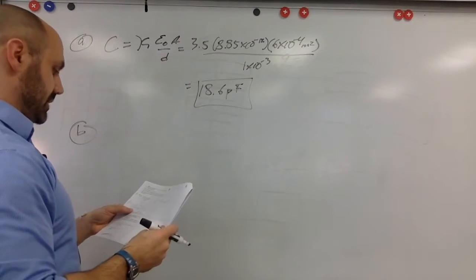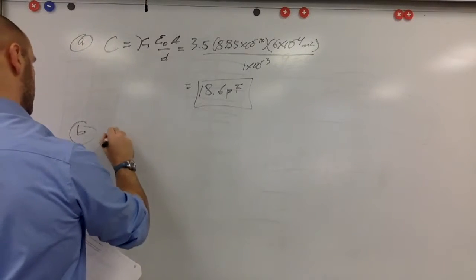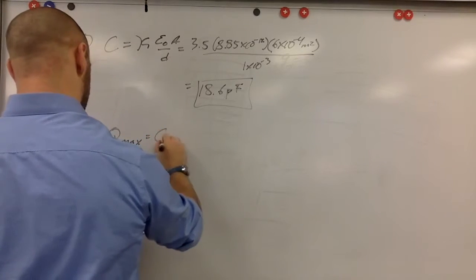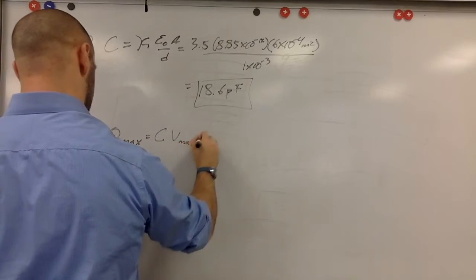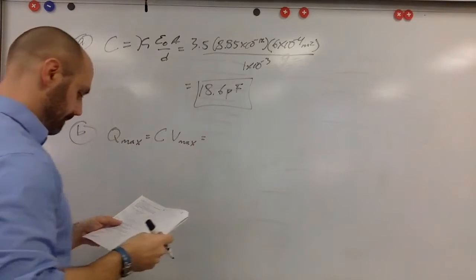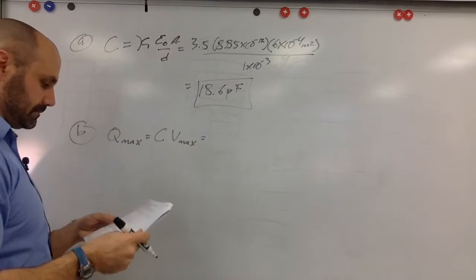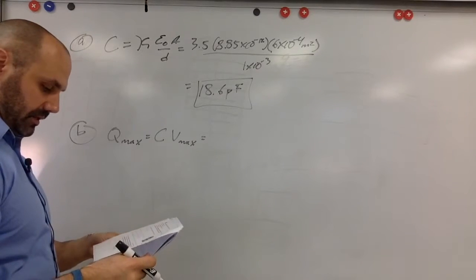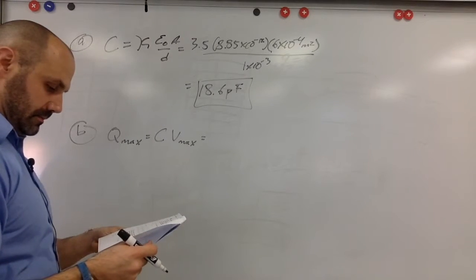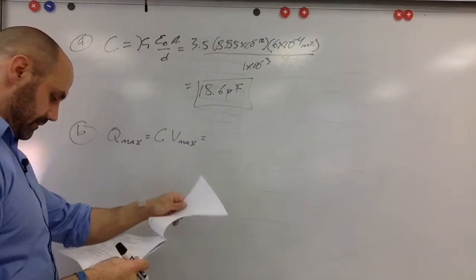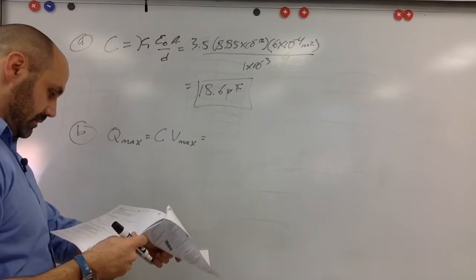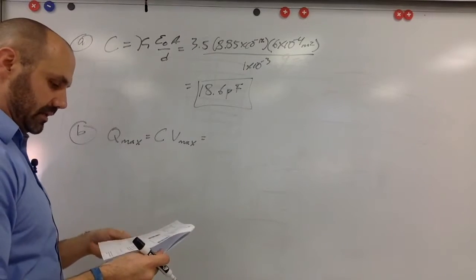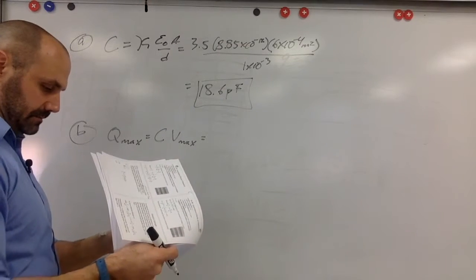The question is, what is the maximum charge? So Q max equals C times V max. And the way we get V max is from the previous thing. We find 1600, that's the dielectric, from the chart.